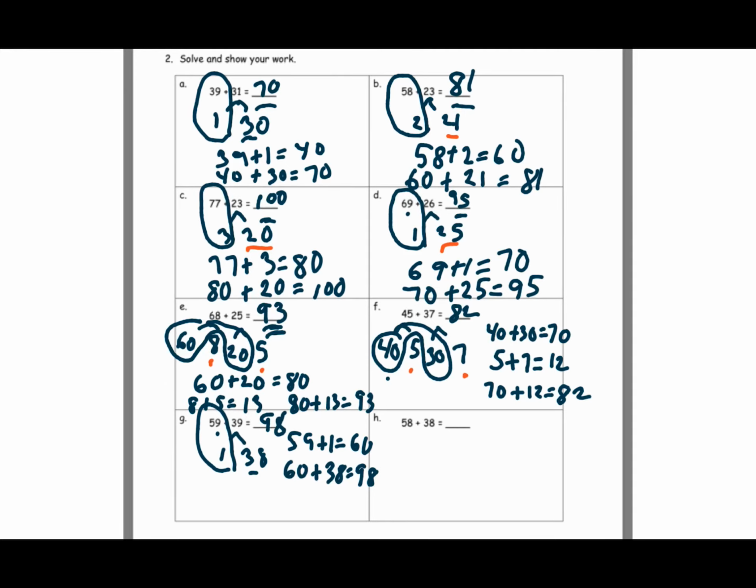Okay, letter H. The way I'm going to solve letter H is by adding the next 10, or making the next 10. So I'm already at 8. On either one, I'm on 8, but I think I'm going to do 58 to be my next 10. So 2 more to 58 will leave me 36 over here. So it'll be 58 plus 2 is equal to 60. And 60 plus 38.